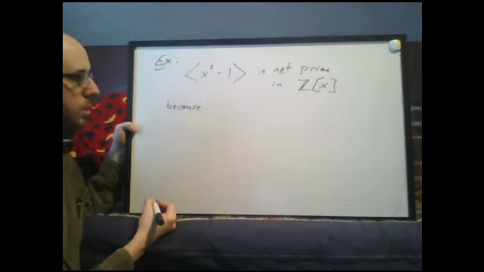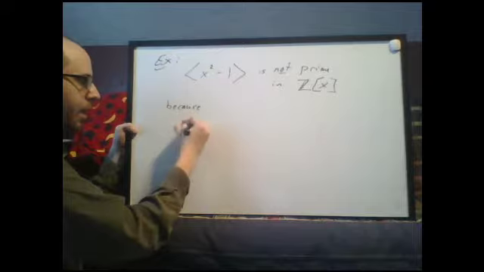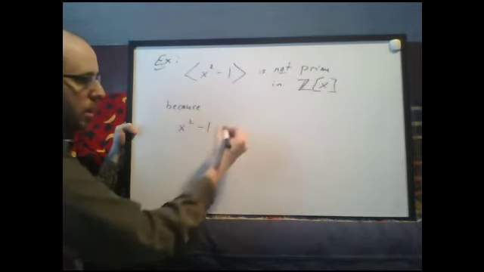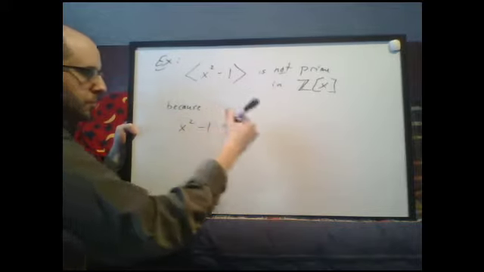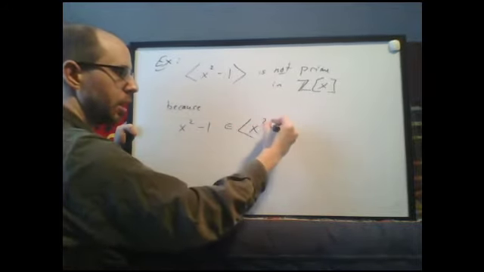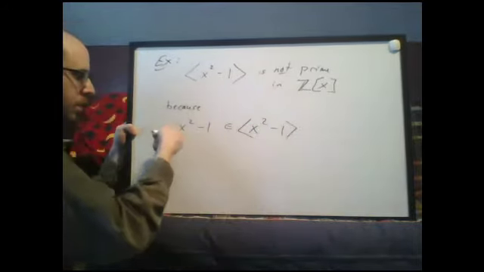Because x squared minus 1, that polynomial is certainly an element of this ideal.